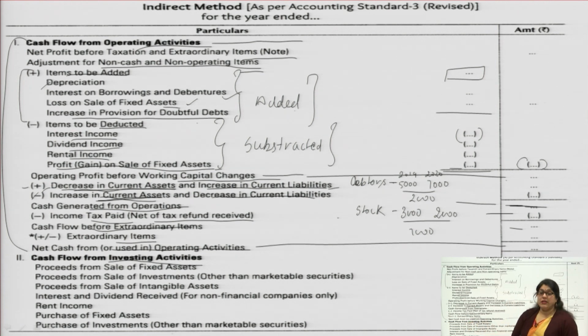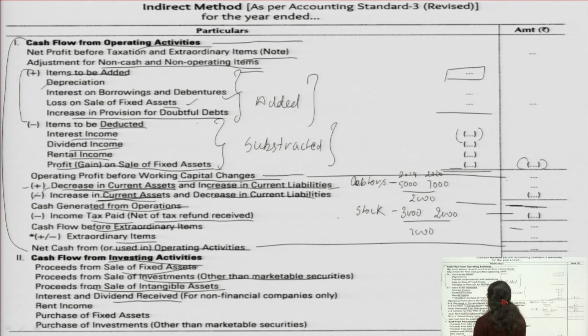I told you investing activities are those activities where maybe you are purchasing fixed assets, or maybe you are investing your money. So, proceeds from the sale of fixed assets, proceeds from the sale of investments other than marketable securities, and proceeds from the sale of intangible assets.